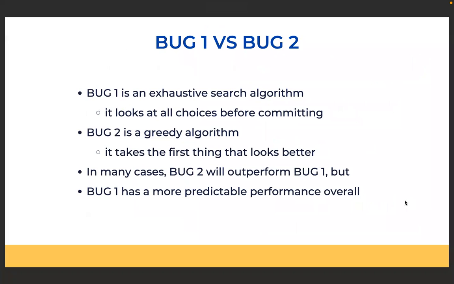Let me quickly summarize what we have. We have been looking at the bug1 and bug2 algorithms. Bug1 is an exhaustive search algorithm. It looks at all choices before committing. Bug2 is what we call a greedy algorithm. What the greedy algorithm does is take the first thing that looks better. In many cases, we know that bug2 will outperform bug1, but bug1 has a more predictable performance overall.